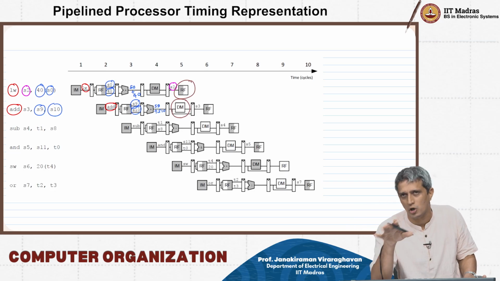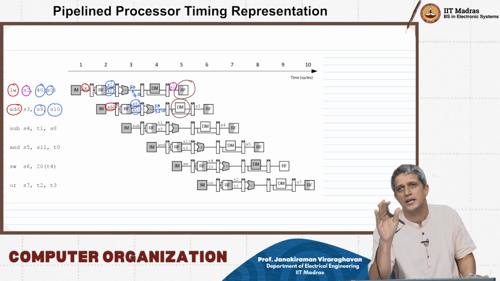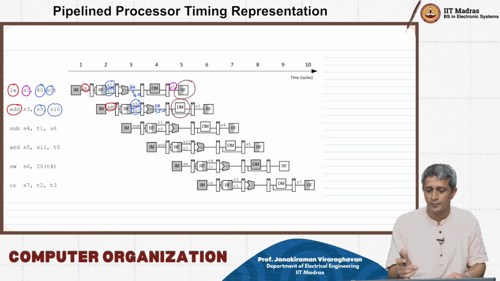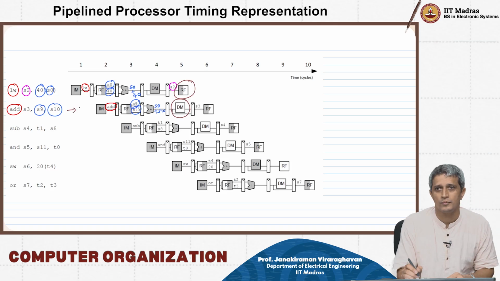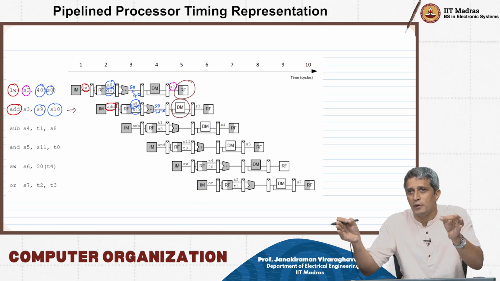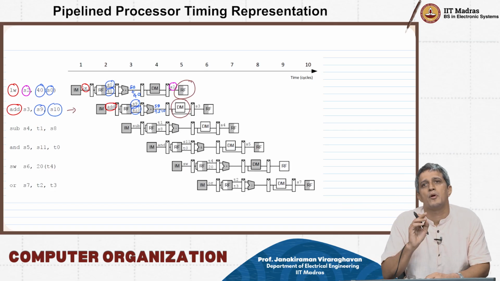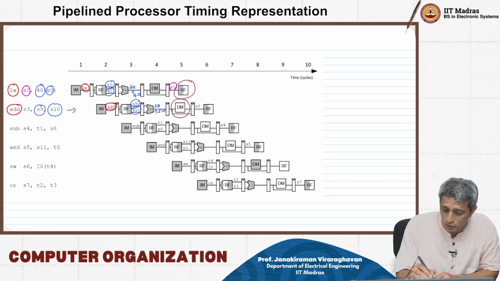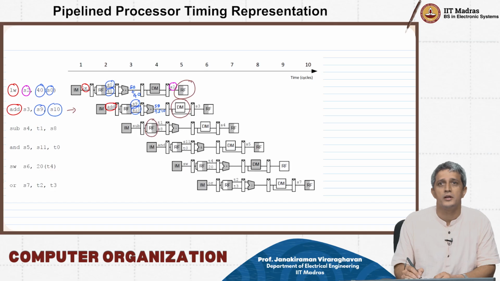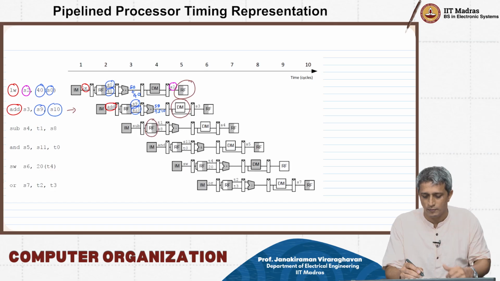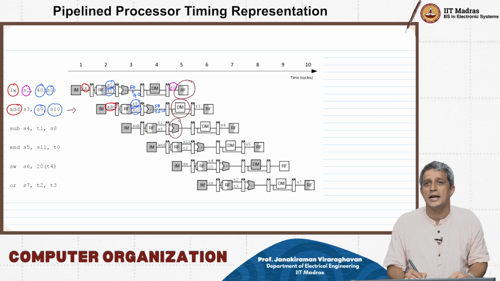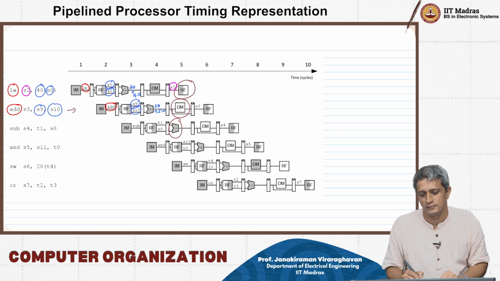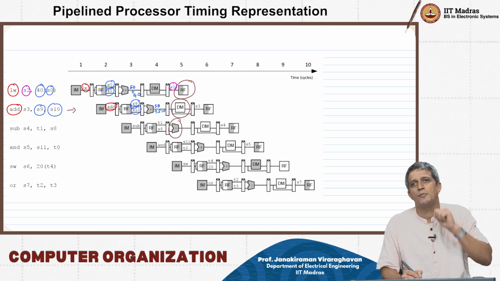It's a waste, but you cannot help it, and you are doing nothing in the data memory in this particular cycle. The key point is, for this particular instruction, the only stage in the pipeline that is free to do something is the data memory stage. Everything else is busy. In that cycle, the ALU will be busy with the next instruction's execution, and the previous instruction's register file write back is happening.